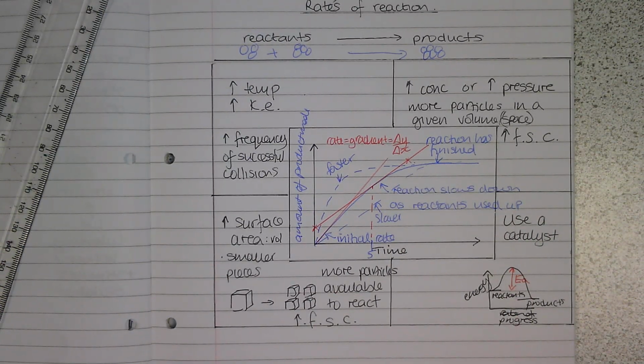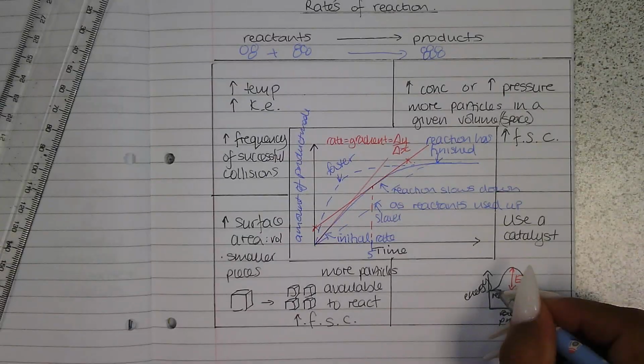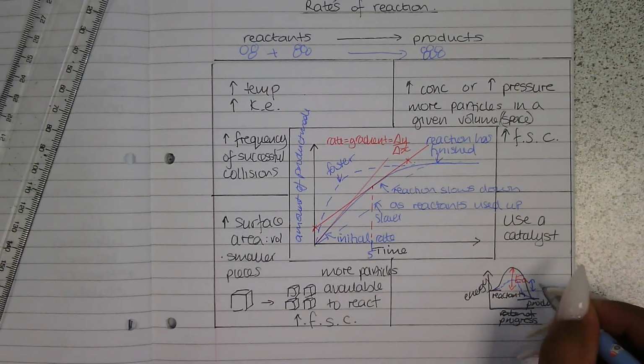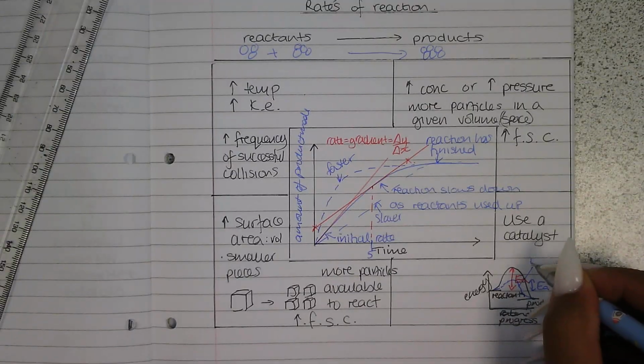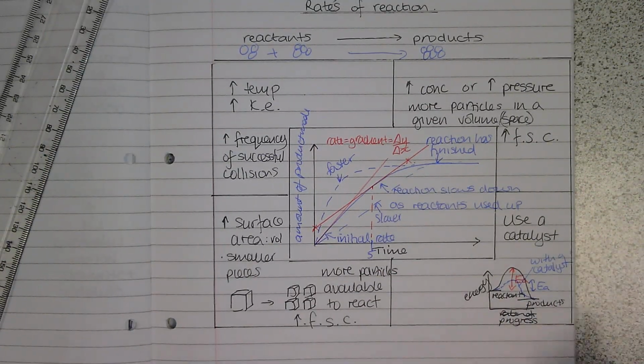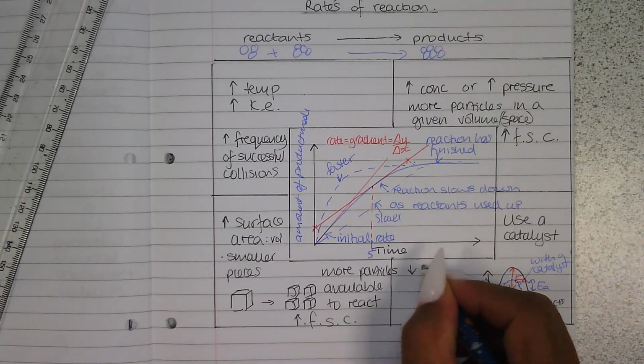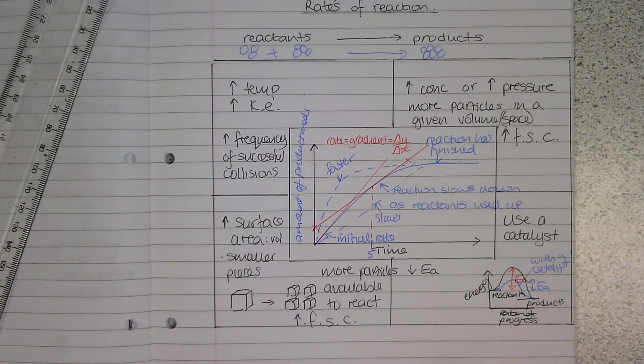If we add a catalyst, what we're doing is we're lowering the activation energy. So with a catalyst, we would be like this. And the activation energy would be a lot less. So this one is with a catalyst. So by using a catalyst, what we're doing is lowering the activation energy, the EA.